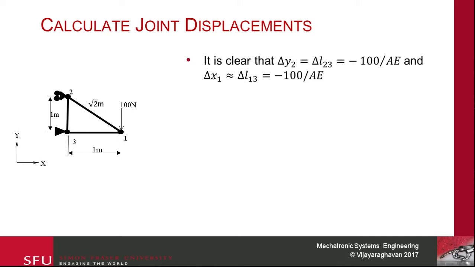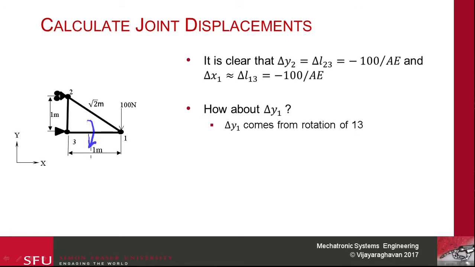Unfortunately, delta y1 is not as easy to calculate. If we consider just 1, 3, how does it come about? This is going to be the rotation of 1, 3. Essentially this link goes from here, and this can potentially rotate like so.